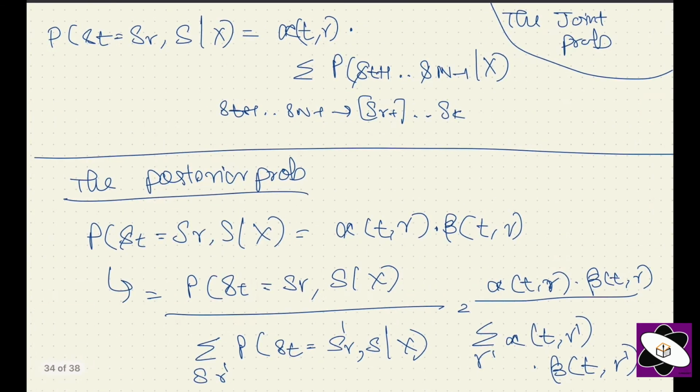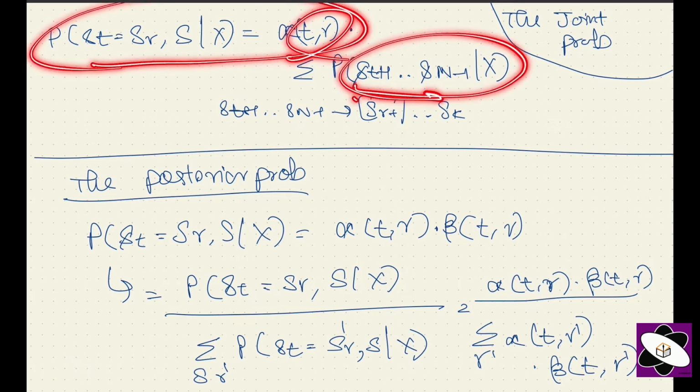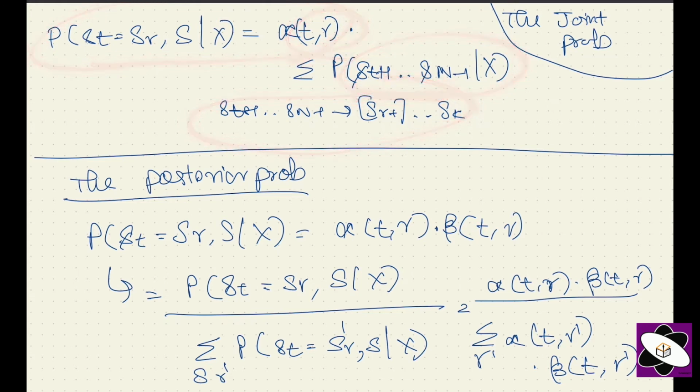And then what happens is, alpha we have calculated, and this will be remaining, that we have the joint probability for s_{t+1} elements.